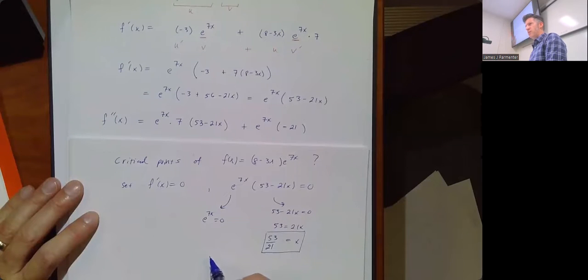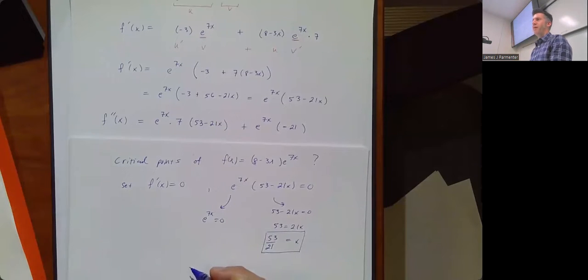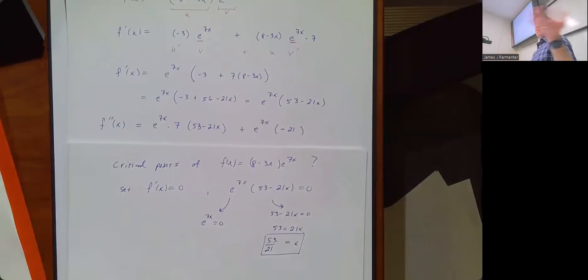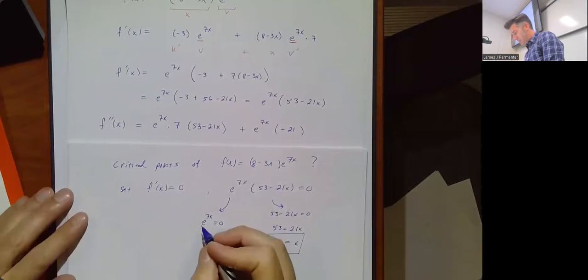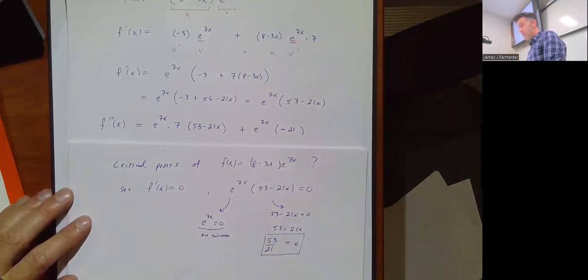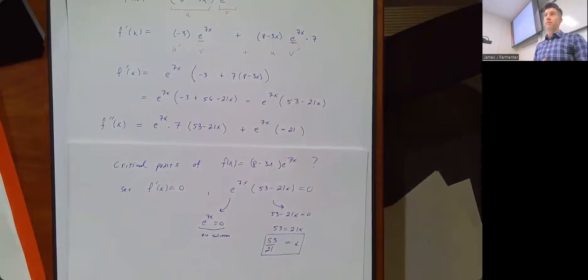What are my solutions there? Can e to a power equal 0? You say no or yeah? Okay, yeah. You can't, right? If you think about the graph of e to the x or e to the 7x or any kind of x, it's always above the x-axis. It has that horizontal tangent line at the x-axis. So this has no solution. E to the something is always positive.